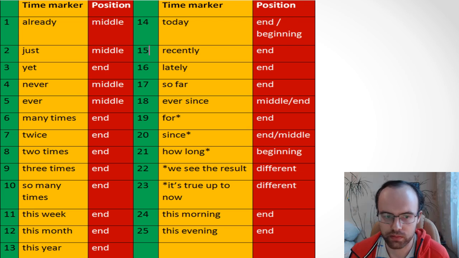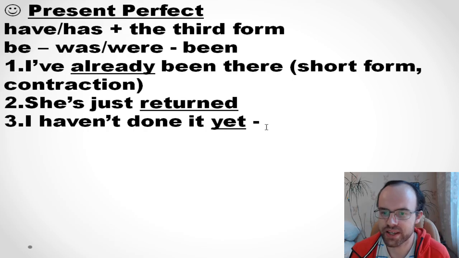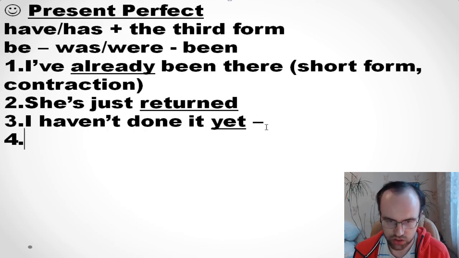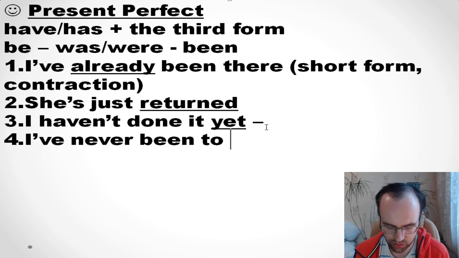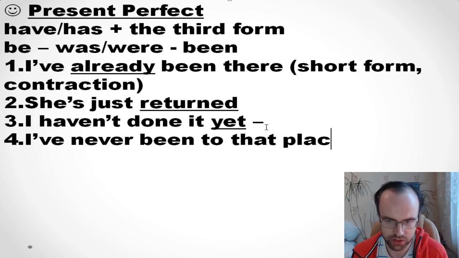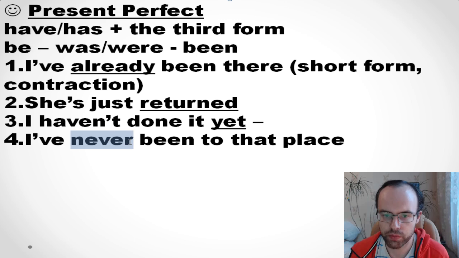Next, never. If there is a connection with the present, we use present perfect. For example, I've never been to that place. So you see that we put never in the middle.